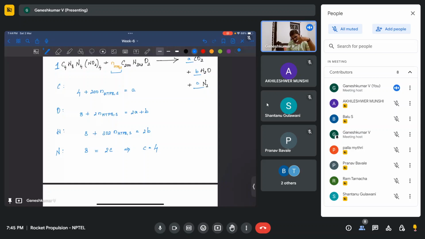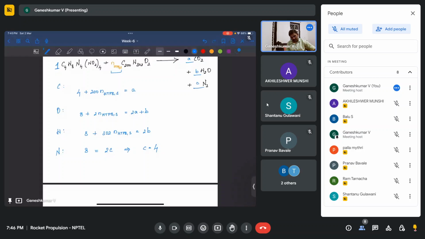So for the oxygen atom balance, it is 2 times 4 is 8, and 2 times n HTPB is equal to 2A plus B, and for carbon it is 4 times 200 HTPB. So you have like 200 carbon atoms, so at least you need like 400 oxygen atoms to get carbon dioxide fully.